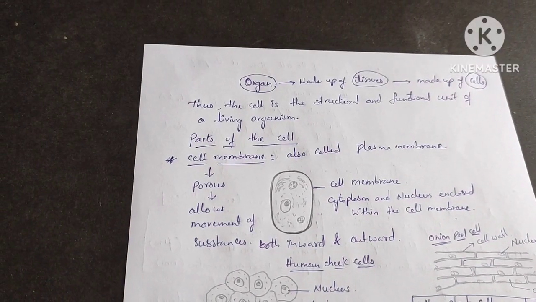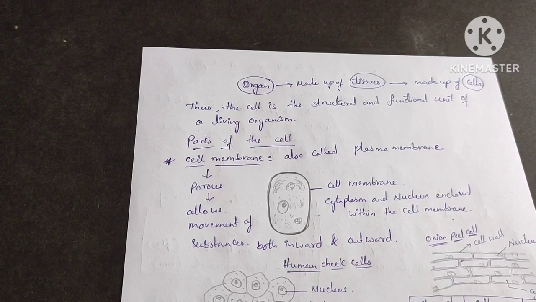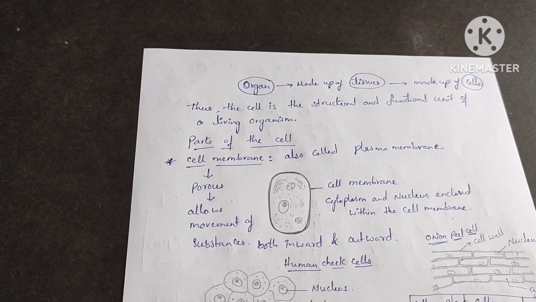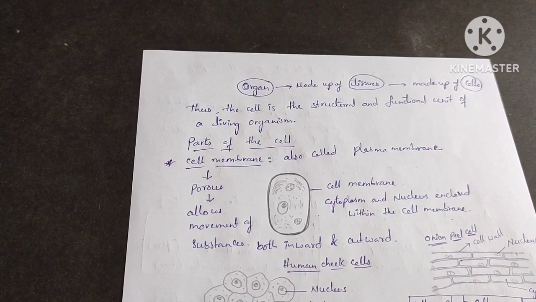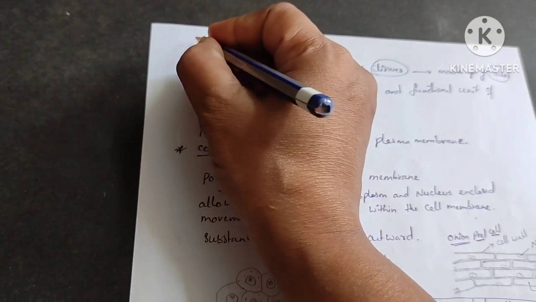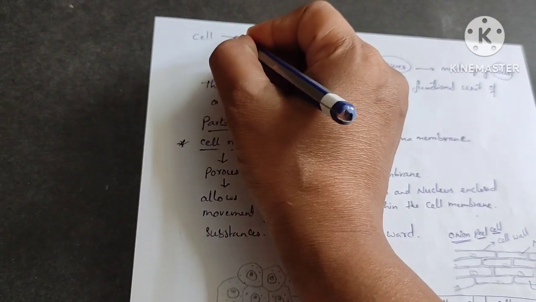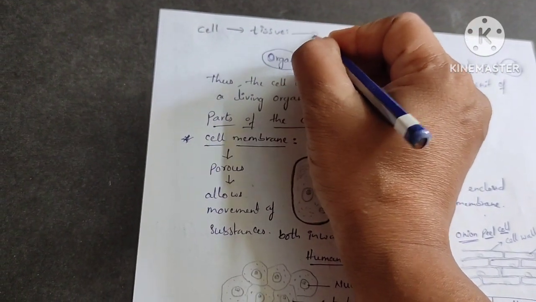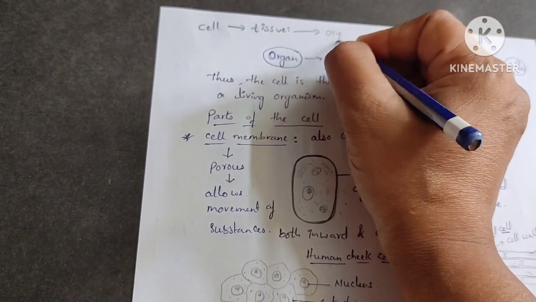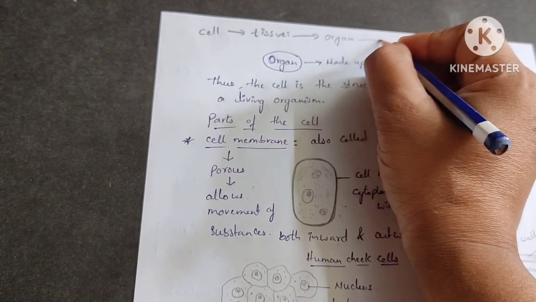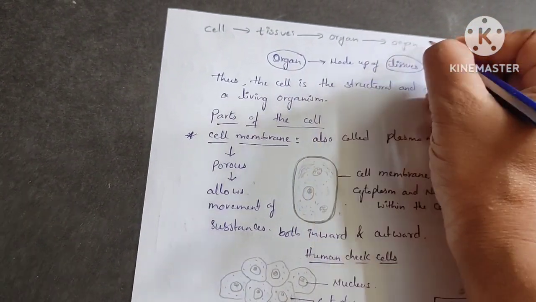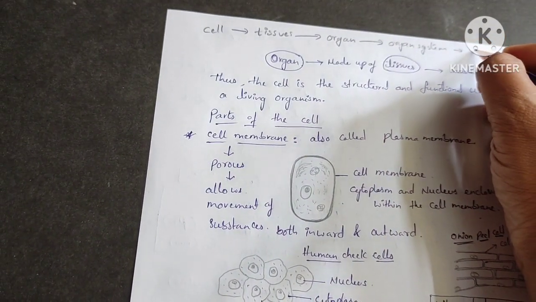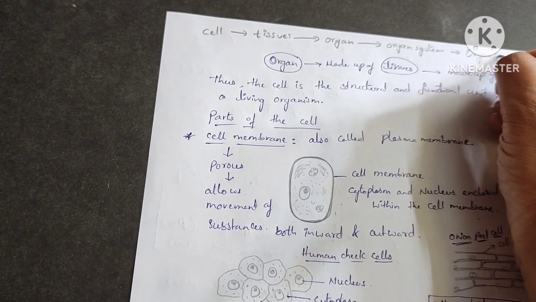Each organ is further made up of smaller parts called tissues, and each tissue is nothing but a group of cells performing a specific function. That means a group of cells forms tissues, a group of tissues forms an organ, a group of organs forms an organ system, and a group of organ systems forms an organism.